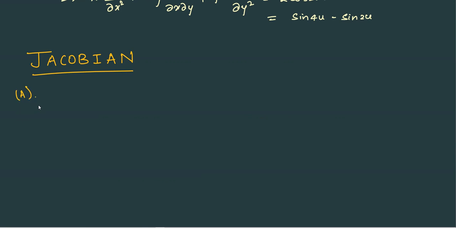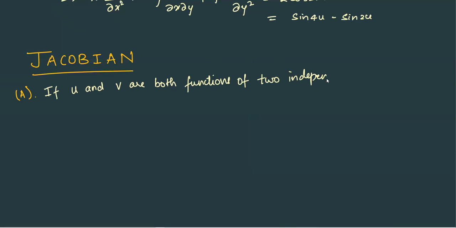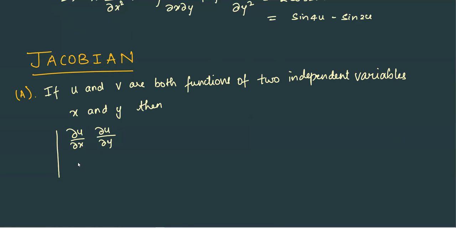So the concept of Jacobian: if u and v are both functions of two independent variables x and y, then the determinant of ∂u/∂x, ∂u/∂y, ∂v/∂x, and ∂v/∂y, that is the determinant.